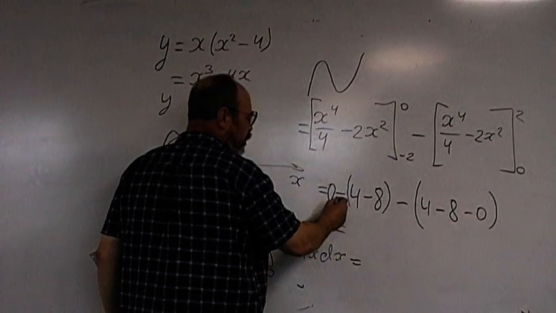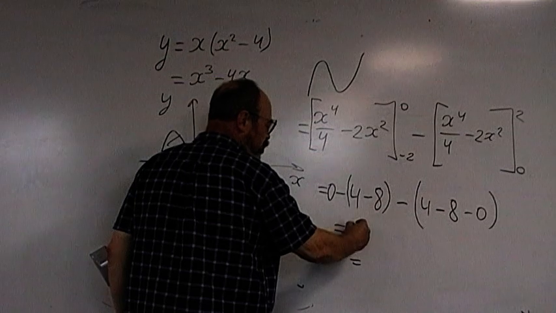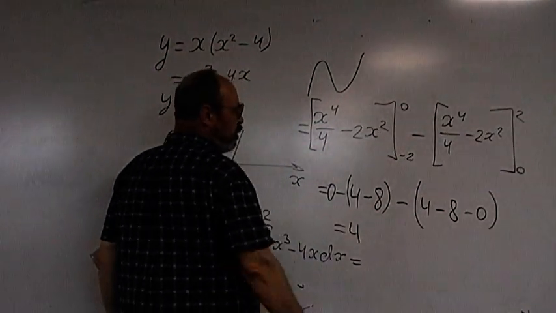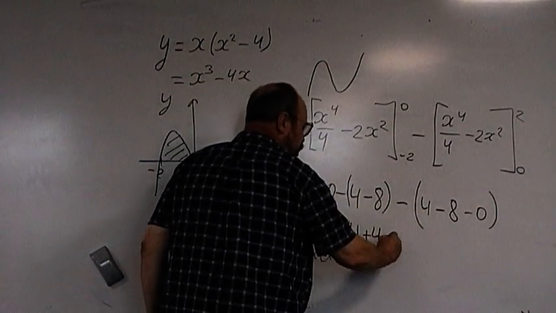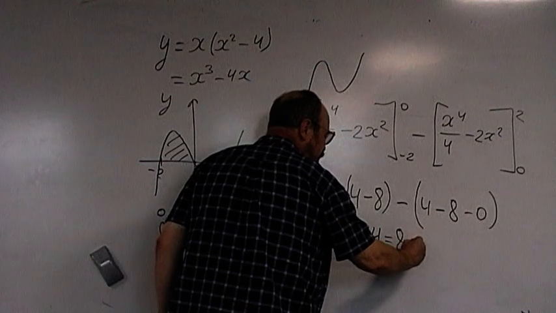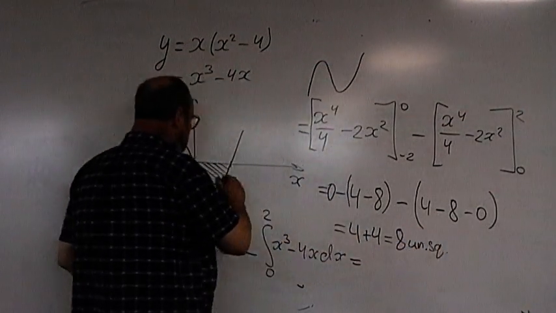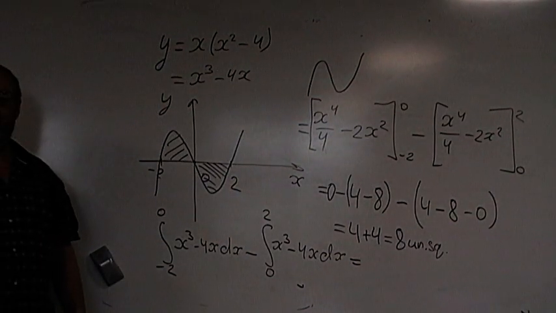That becomes minus 4, but minus minus gives positive 4, and this will be negative 4, but with a minus, plus 4, so it equals 8 units squared. So this area equals exactly 8 square units.